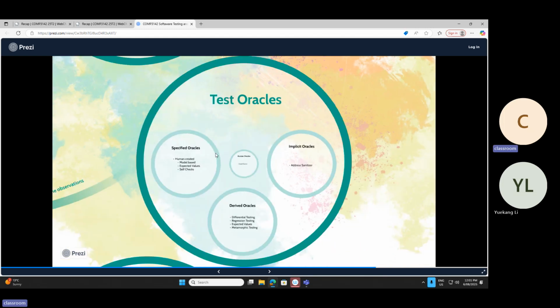And then we learned another important concept called test oracles. So test oracles are basically to tell us whether a test shall pass or fail. This is related to the sensitivity characteristic of testing.